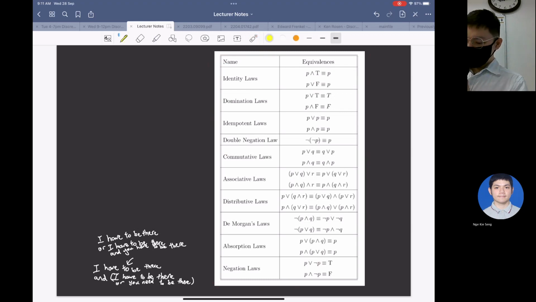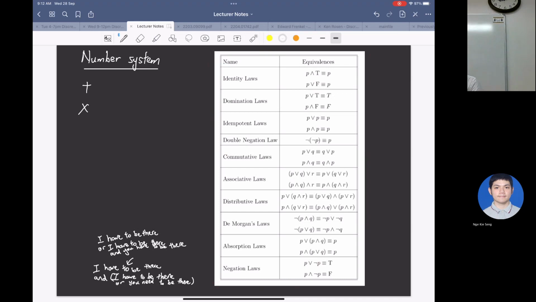This is actually not too strange to you. It is actually quite close to the number system, where you have addition and multiplication. So the OR here, you can think of it as addition, and the AND, you can think of it as multiplication.